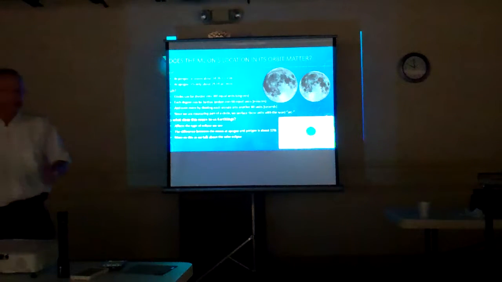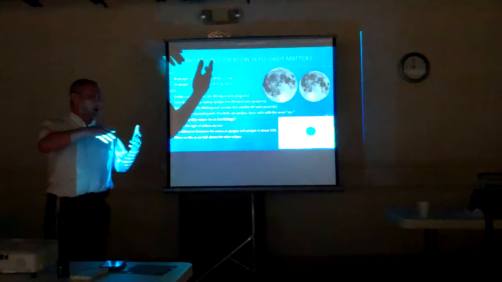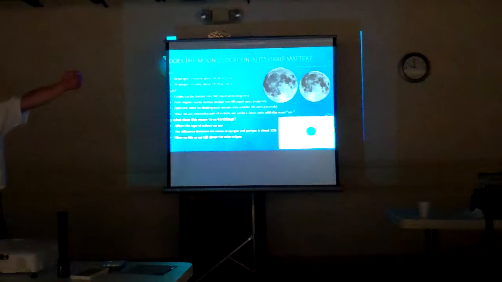And who cares, right? So if you go outside and you want to get a rough idea of where something is in the sky, you hold your hand out arm's length and you put the bottom of your hand on the horizon. The top of your hand represents about 10 degrees up from the horizon.